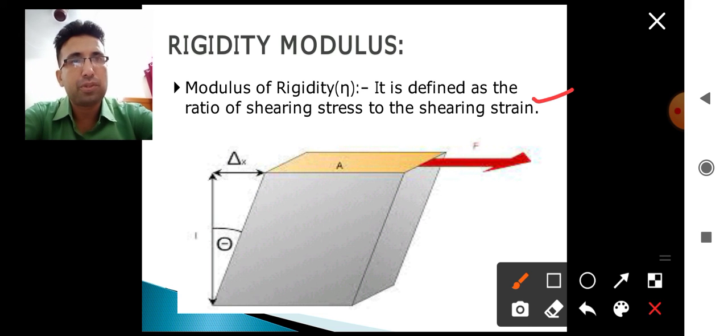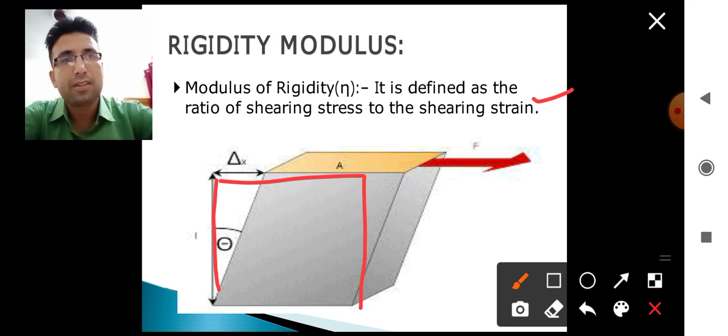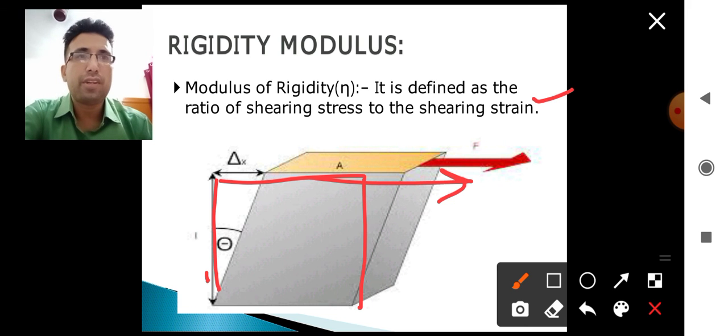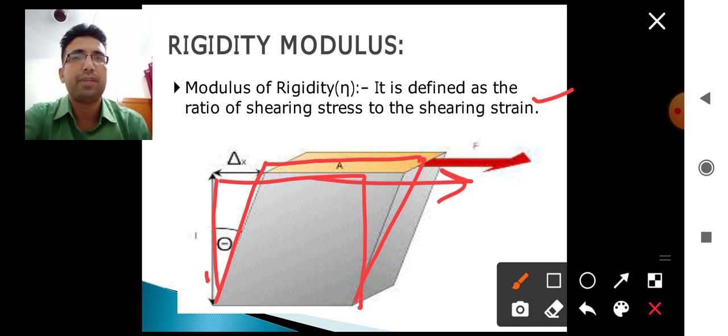Now let us suppose we have a cube like this. We fix the bottom of the cube and apply a tangential force on it, due to which there is a change in the dimensions of the cube like this.